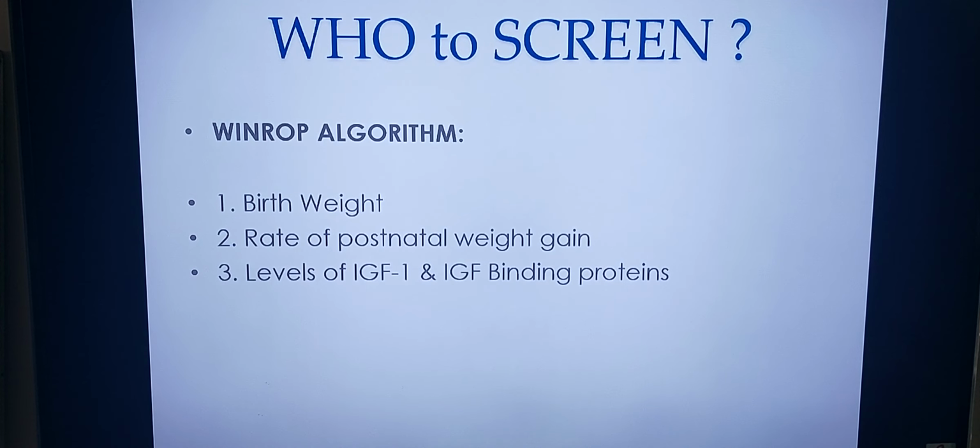What WinROP does is it takes birth weight into account, it takes postnatal weight gain into account, it takes levels of IGF-1, that is insulin-like growth factor 1, and IGF binding proteins into account, and there are some other factors as well. Not going into the detail. So WinROP and some more algorithms accurately predict the chances of ROP being present in that patient, so we have to screen them as well.